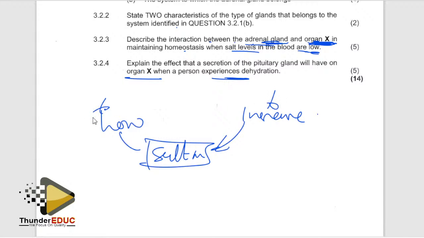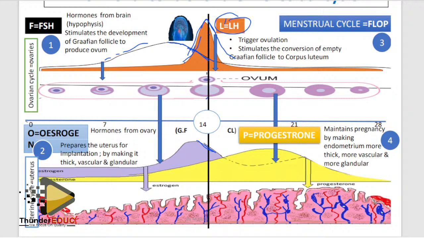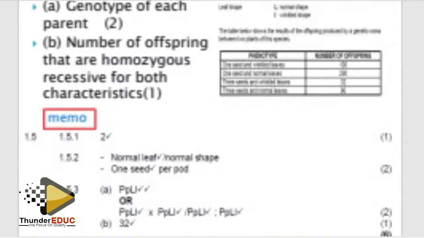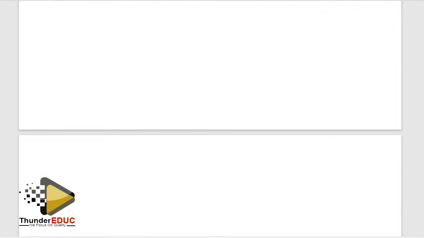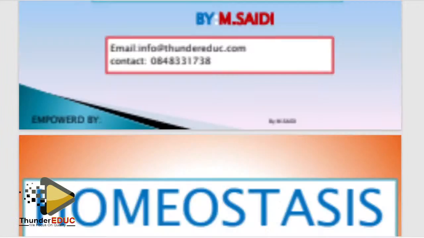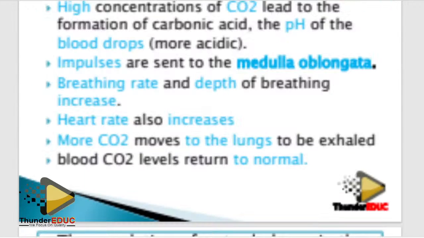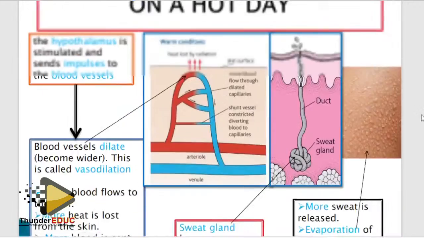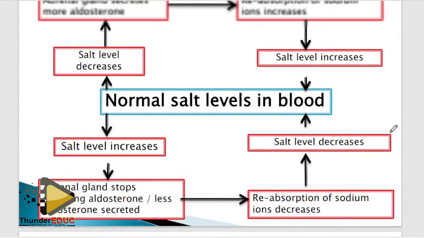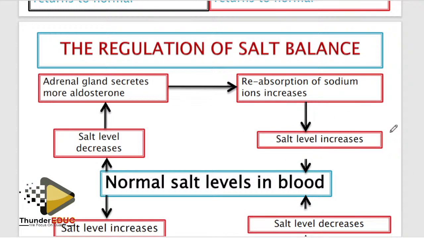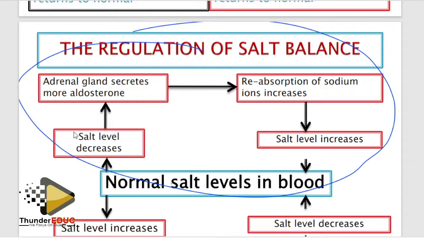So this is what I was saying. Let me just do it like this. This is what you are looking at when low. So they wanted you to write this. That's it. Normal level of salt in the blood.